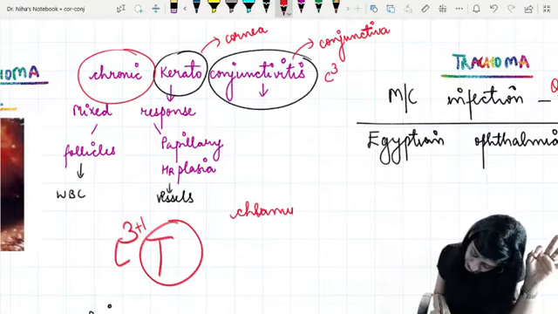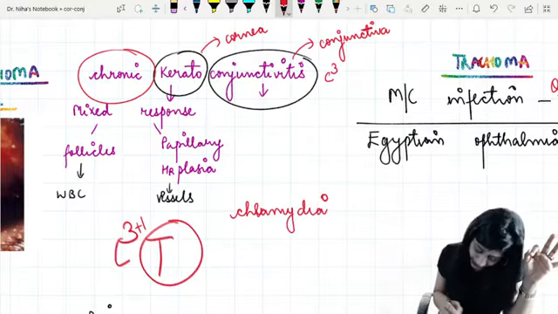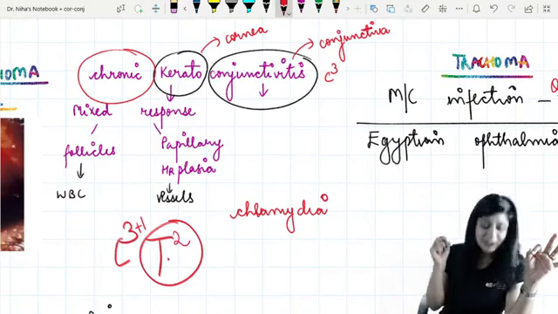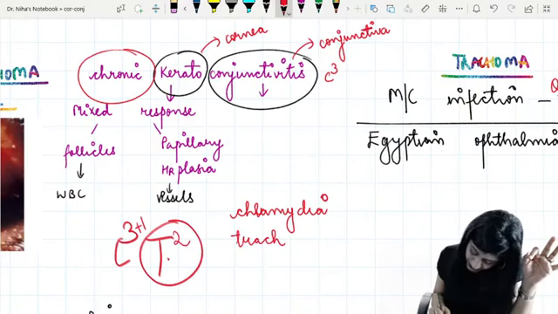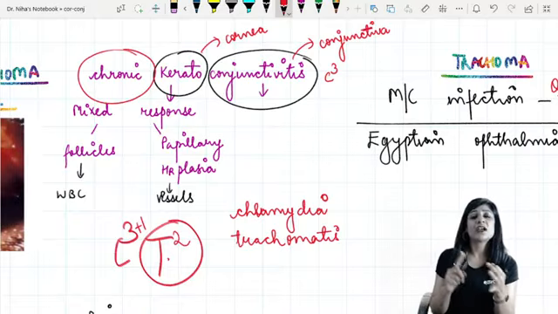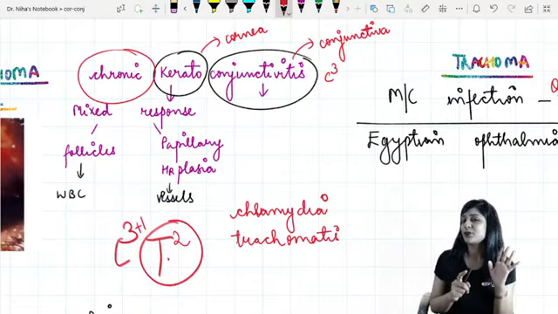We have C for chlamydia, and T for trachomatis, so it becomes Chlamydia trachomatis, which corresponds to CT. T for your trachoma, and then C for cornea, C for conjunctiva, and C for chronic.